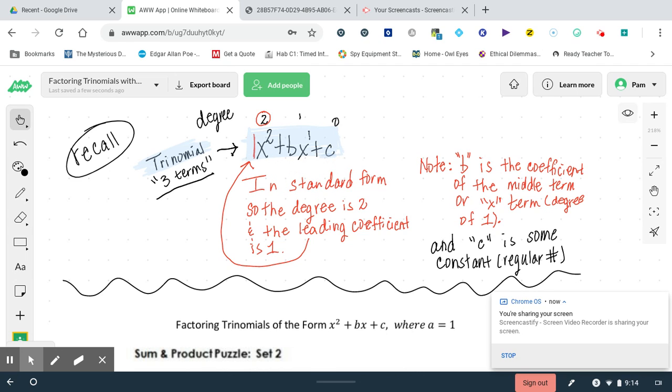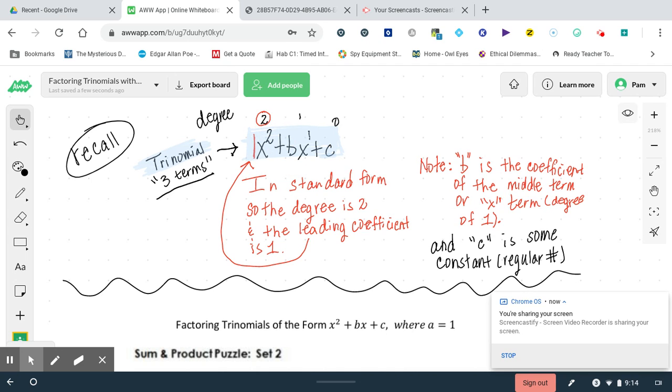Now, I have it written in standard form. Standard form is when you go by the degree of each term and put it in order from highest degree to lowest degree. We talked about that in the unit we were in before we got out for school in March. So if you look right here at this one, the degree is 2.